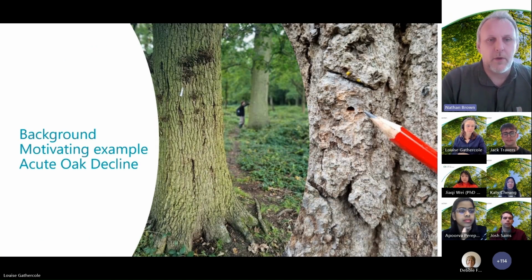So our motivating example is acute oak decline. It's something we've been working on for quite a long time, and we've published some prior work to the CFP project looking at this.